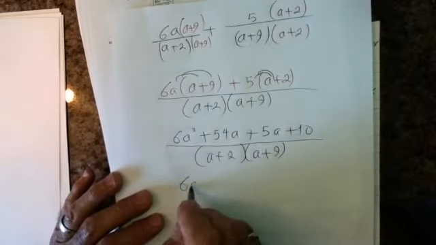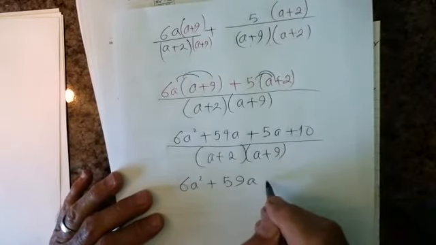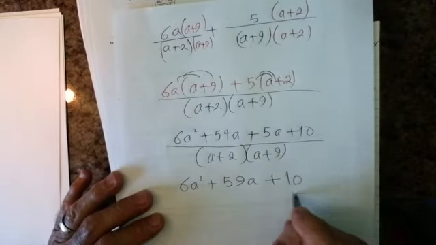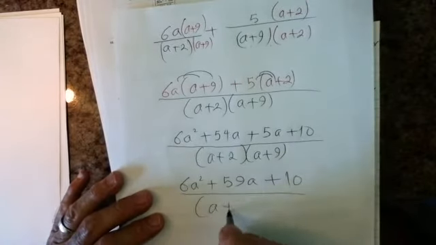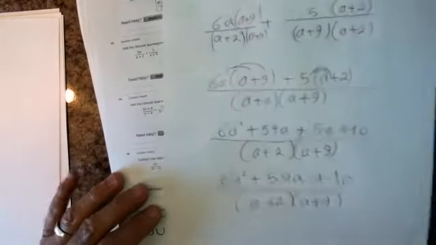So that would be 6A2 plus 59A plus 10 over that.